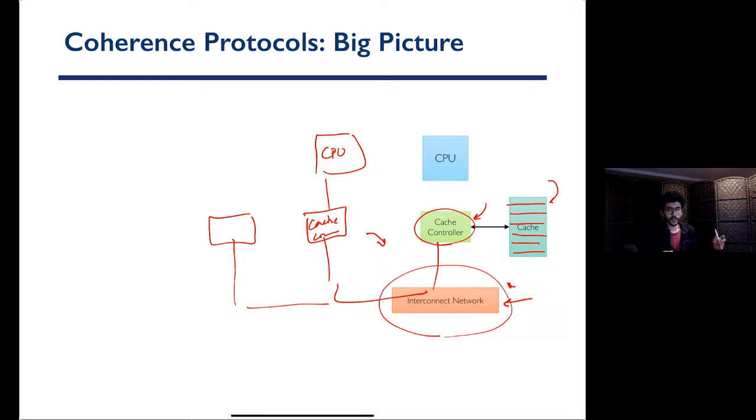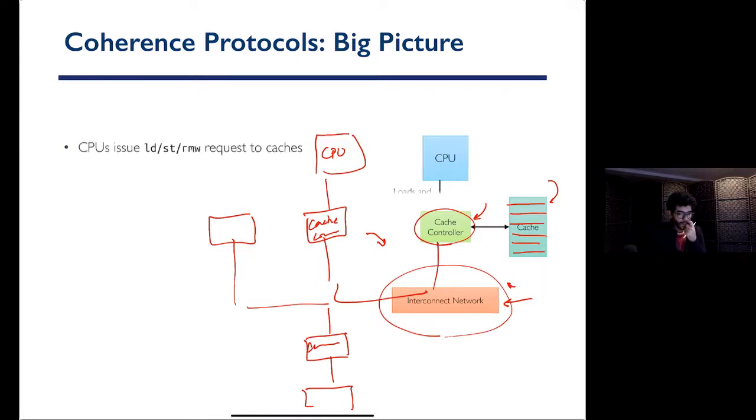So this is a network that connects all these caches together. And probably you go to another shared level cache controller, and then you go to memory. Oh, okay. So apparently the previous question was resolved. Okay. So that's that.